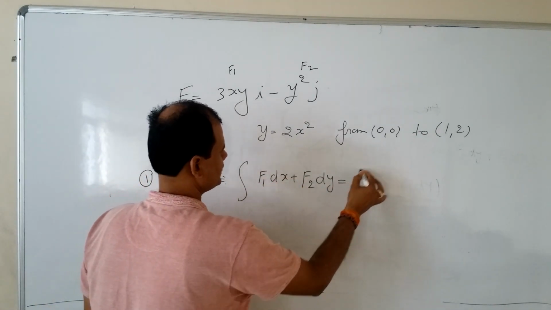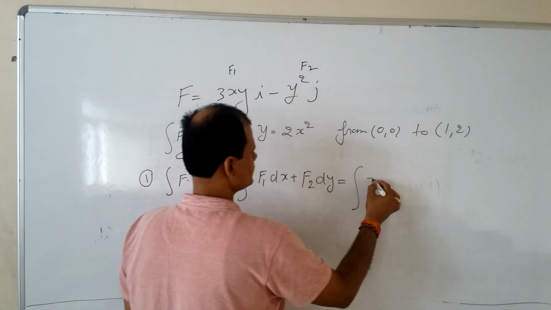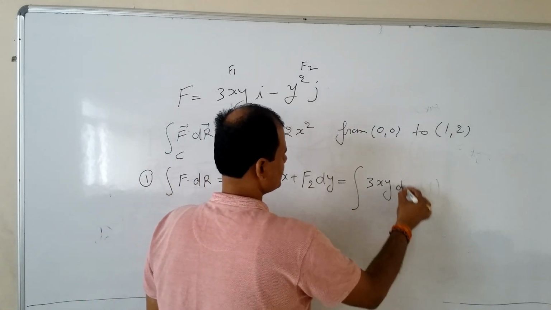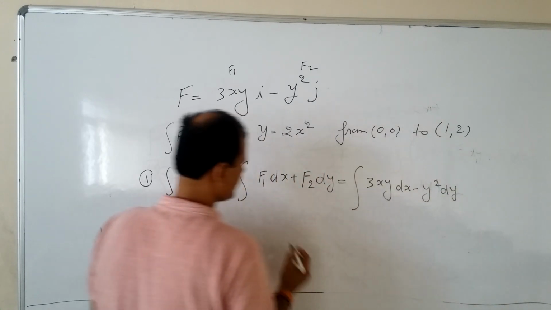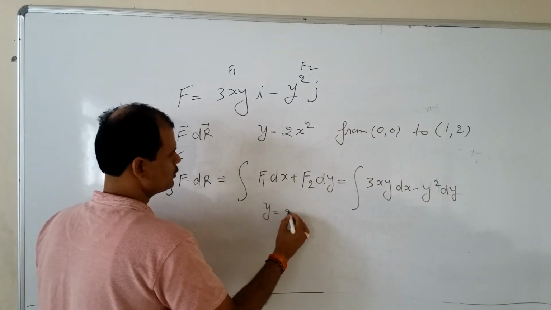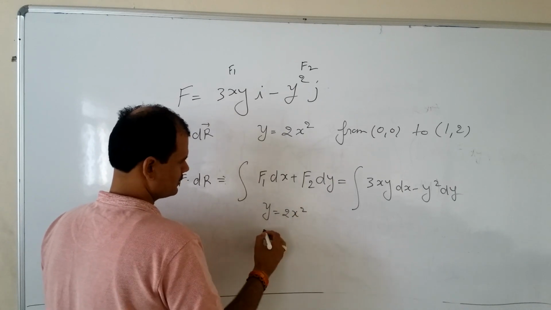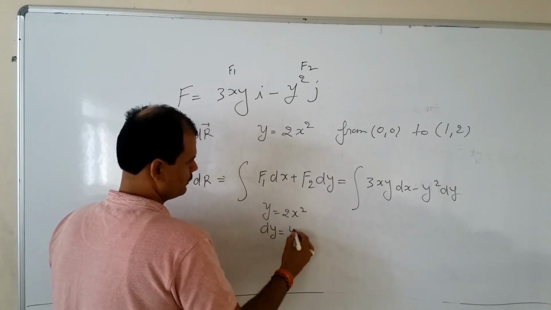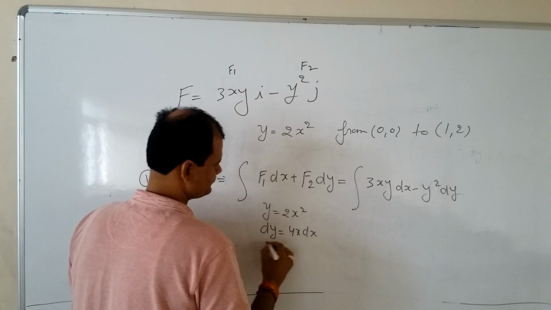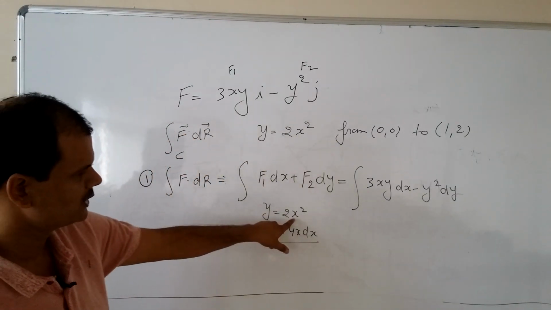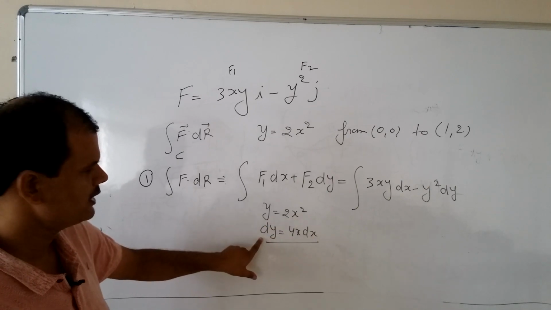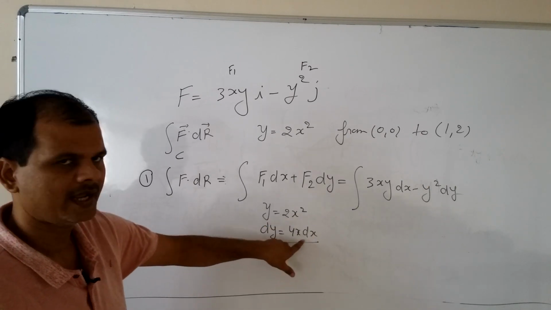Just now we have seen that. So we have 3xy dx minus y square dy. Here y equal to 2x square is given, so what is dy? It is 4x dx. Very simple: in the place of y we can put 2x square, and in the place of dy we can put 4x dx.